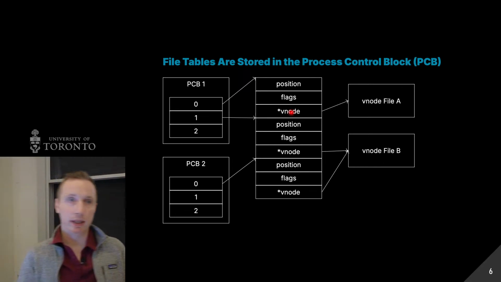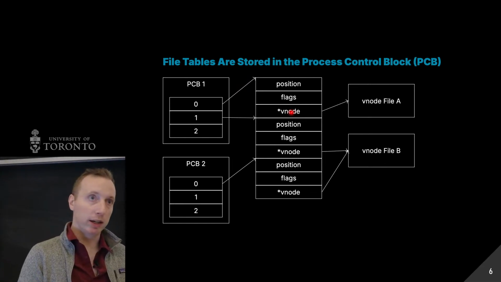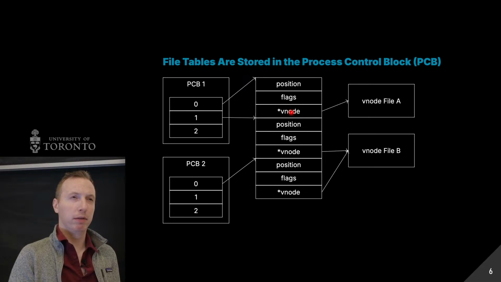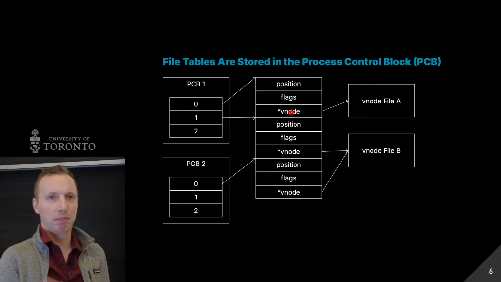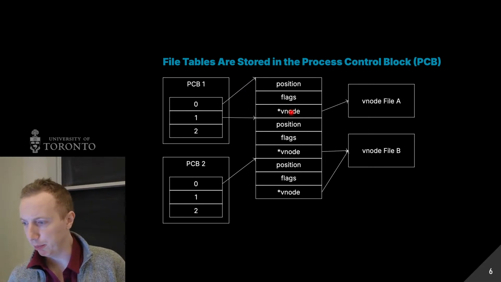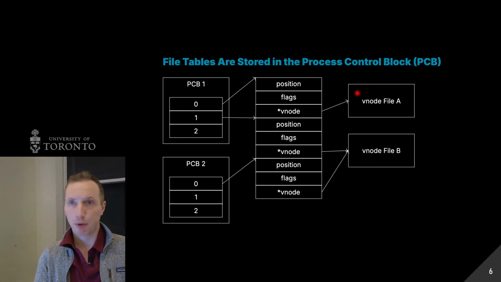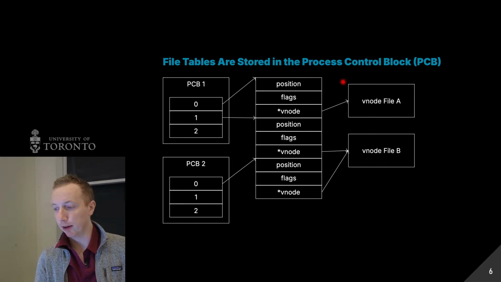So this could be a real file, it could be a socket, it could be a pipe, it could be a directory, it could be whatever. If it's pointing to a real file, the vnode will point to the file itself. So the contents of a file descriptor entry is actually position, flags, and then a pointer to the file itself.